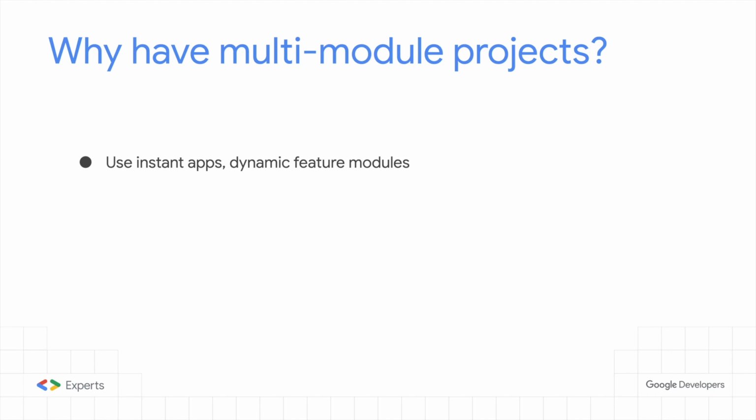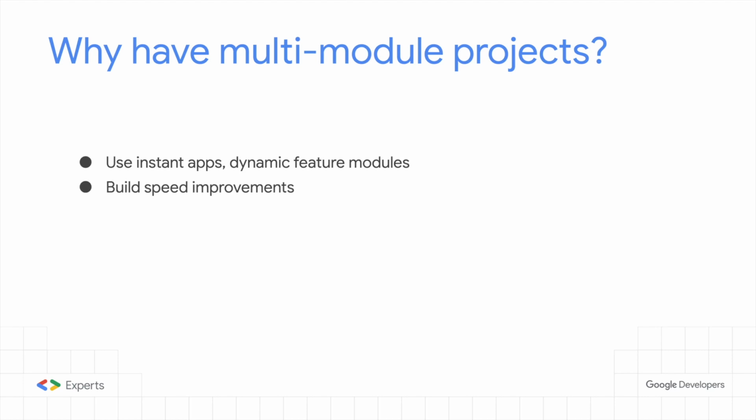With instant apps, users can enjoy our applications without installing them and have a chance to try it. Dynamic feature modules allow us to package some part of the application and download features whenever they are needed.